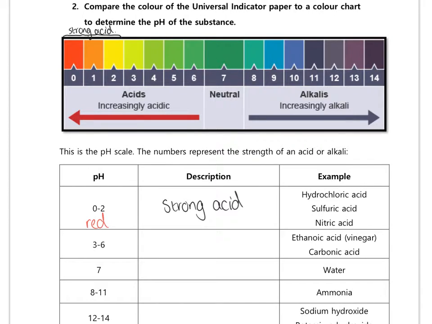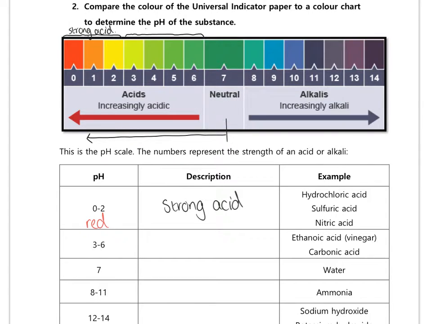3 to 6 then, and you can see as the pH number gets bigger, our acid actually gets weaker, and that seems a little bit strange, but the closer we get to neutral, the weaker the acid is. So essentially, if you think of neutral as the midpoint, the more left you go of neutral, so the lower the number from 7 is the stronger acid, just as the arrows represent.